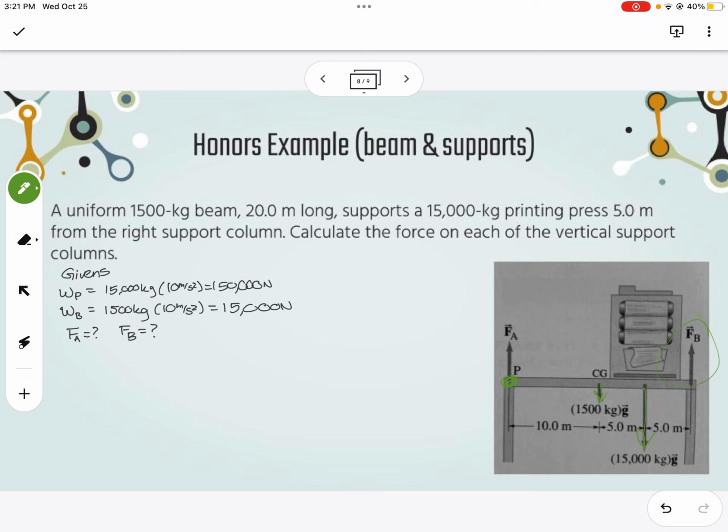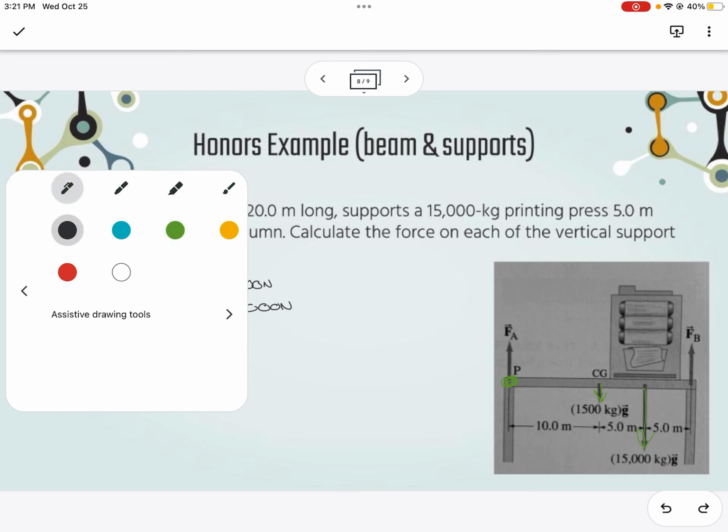I have this unknown force over there, but I don't have to worry about the torque produced by the force FA, because that is where my axis of rotation is. That's my fulcrum point. So R for FA would just be 0. I'm choosing this point very specifically because it lets me not think about that force and calculate my missing force, force B.